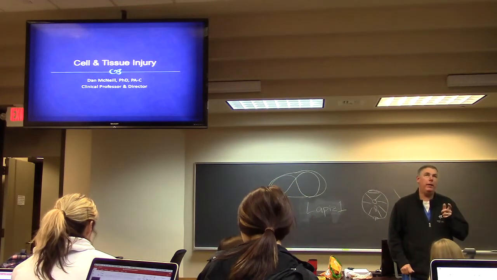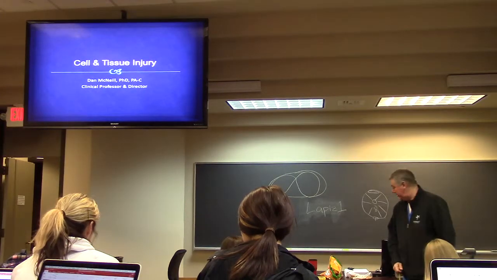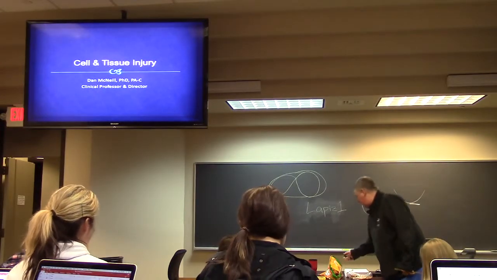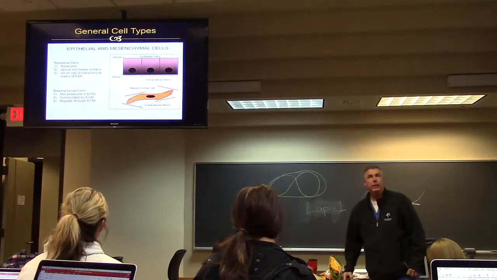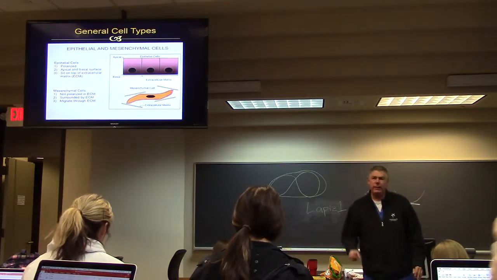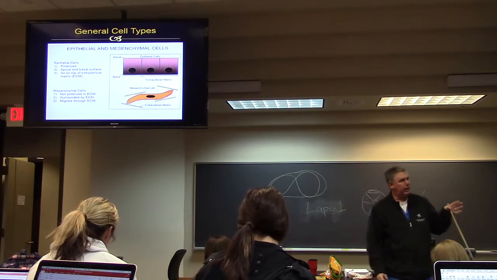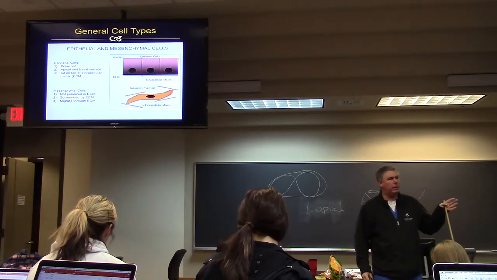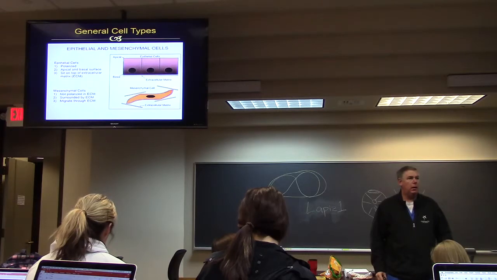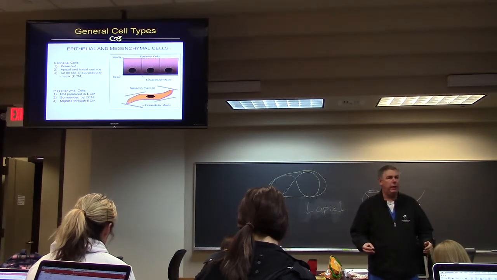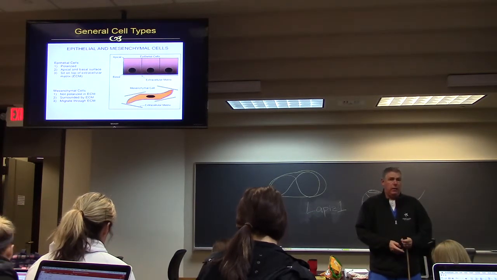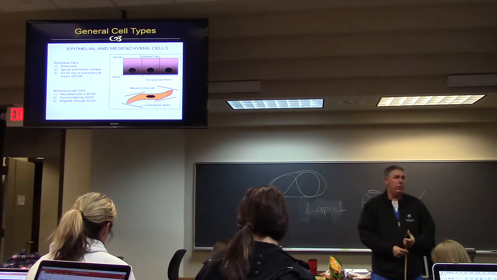So what we're going to talk about this morning is cell and tissue injury. You know, a little histology here. If you exclude the nervous system and the skeletal muscles, then all other cells of the body fit into one of these two categories here.